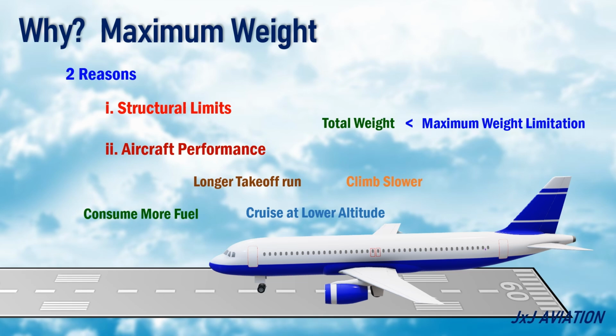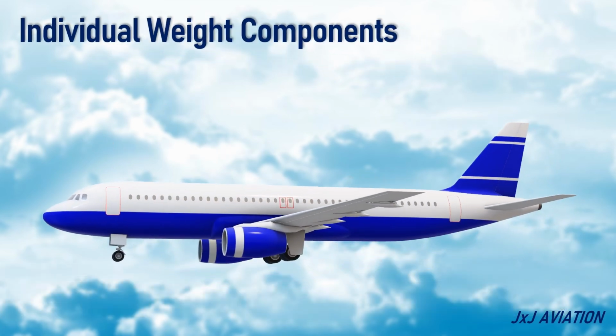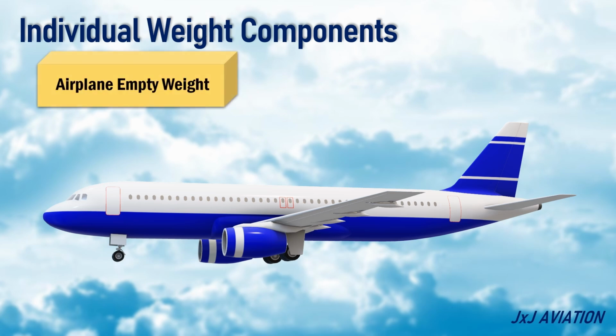Now let's look at the individual weight components which make up the maximum weight of an aircraft. The individual components. Airplane empty weight. This is the base weight of an aircraft. This includes the airframe structure, such as the fuselage, wings, tail, control surfaces, landing gear, and nacelle.